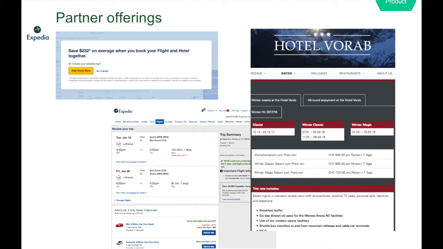And the Weisse Arena AG has the advantage of selling upfront many seasonal passes. So this is a perfect partner arrangement between the two, the hotel and the Weisse Arena AG, where both partners benefit tremendously. They have better service options for the customers.